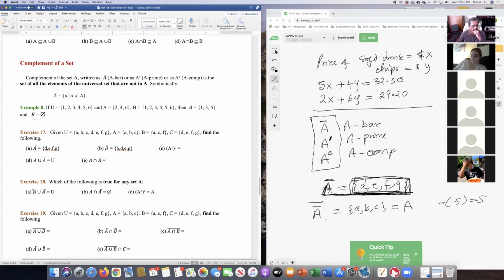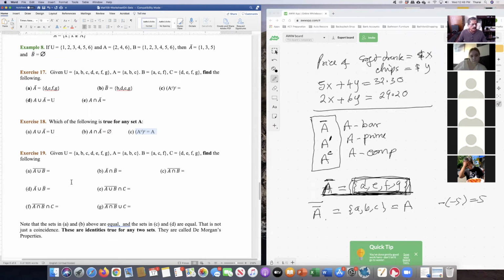A union A bar is equal to the universal set, and this is true for any set A. No matter what set you're dealing with, if you combine any set with the complement, you will get the universal set. If you take intersection of any set with the complement, you'll get empty set because there's nothing going to be common to that. A complement is always back to A. These are true for any sets.